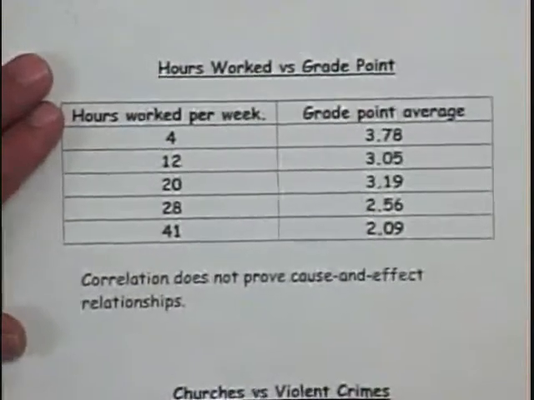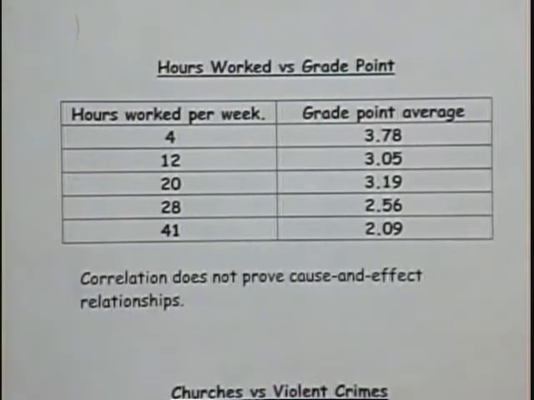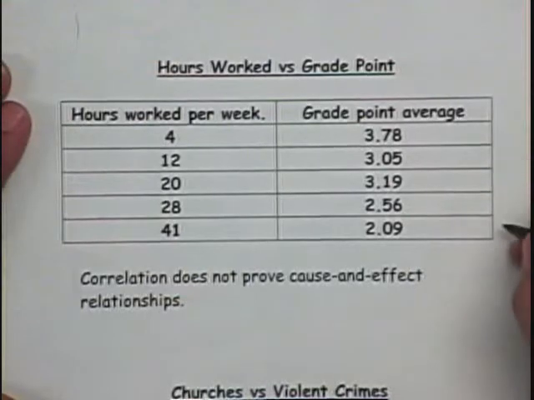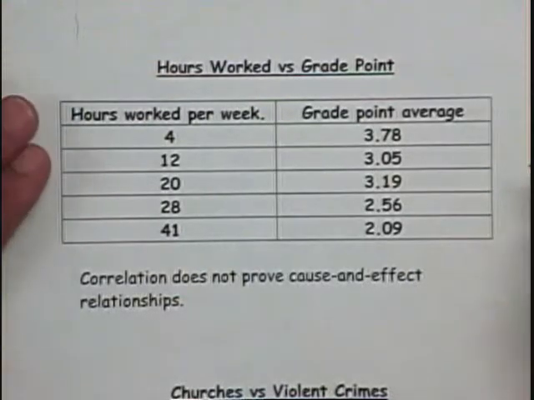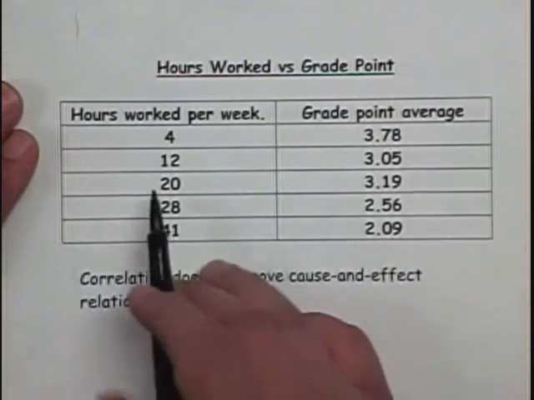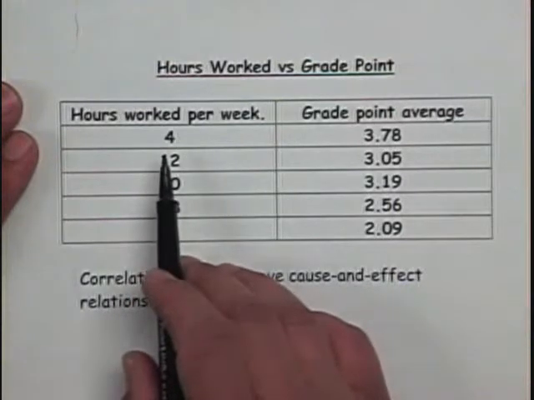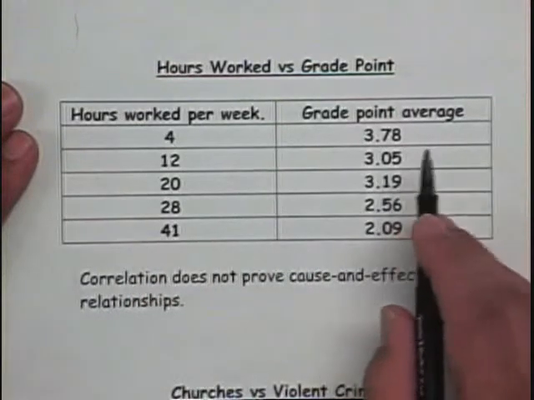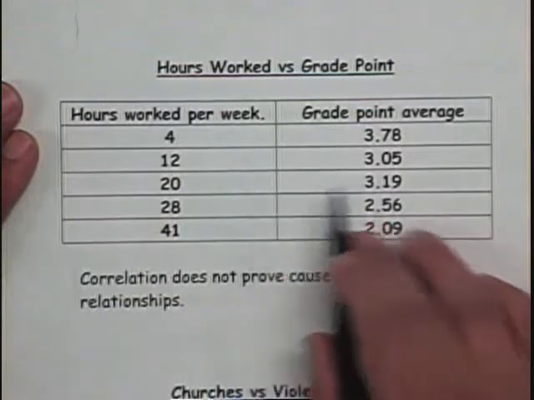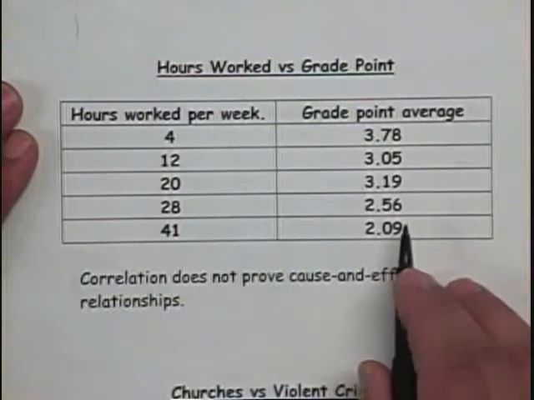So what we do here is we take a sample of 5 college students. For each college student, we observe the number of hours that they work and their grade point average. So we're observing two variables for each college student.